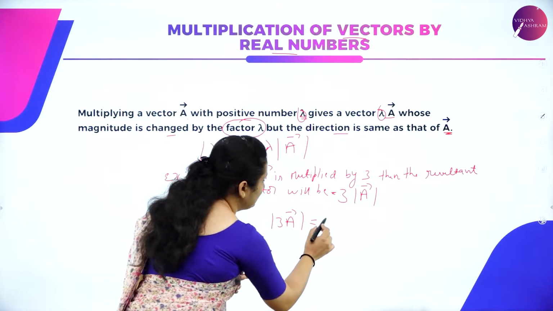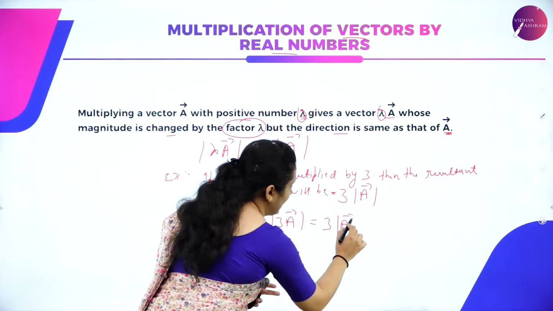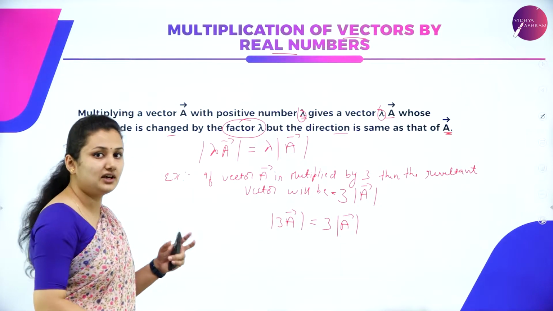So that will give you a new vector, that is 3 times the vector A.